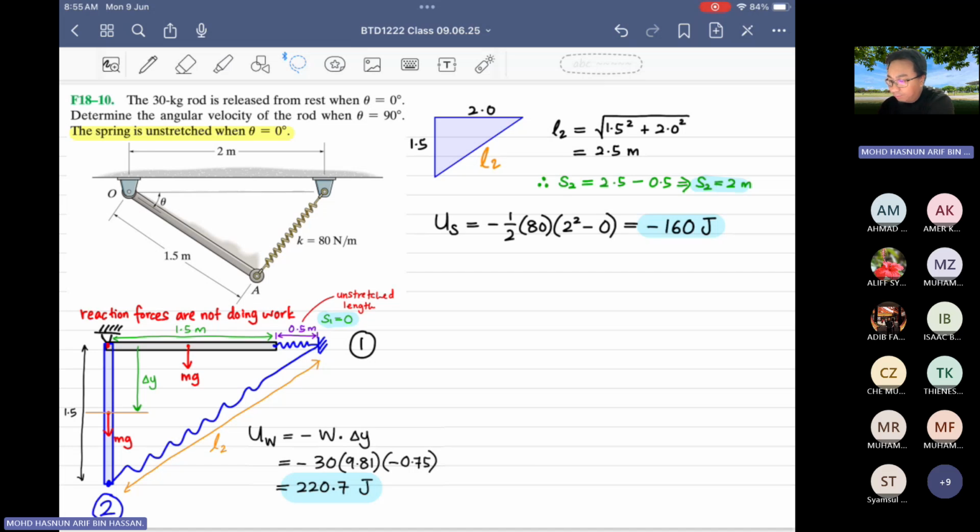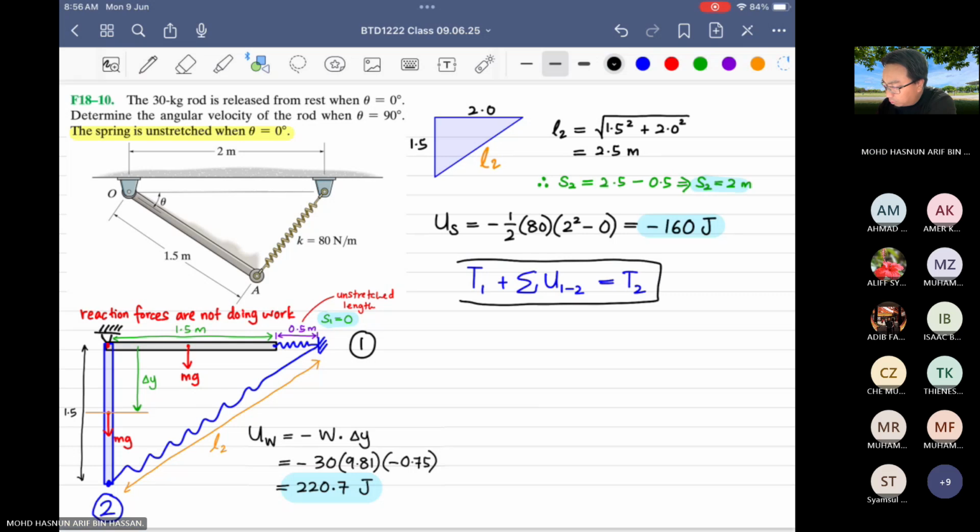Now remember our ultimate equation is T1 plus total U to move from 1 to 2 is equal to T2. We have already calculated total U, with two work done here. Now we need to find T1.